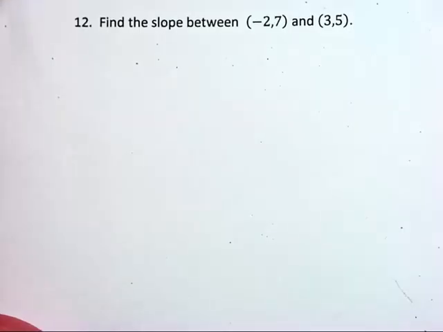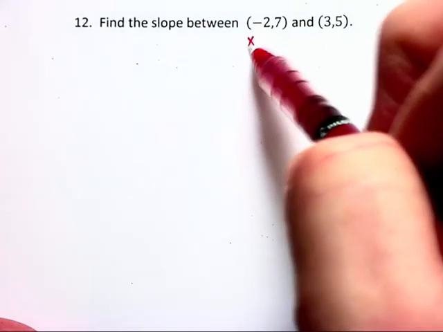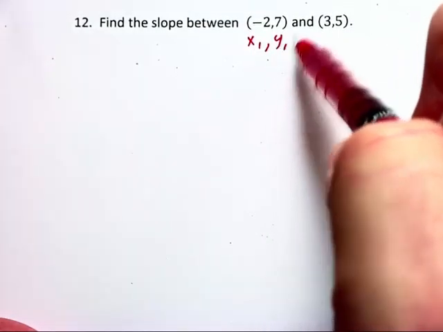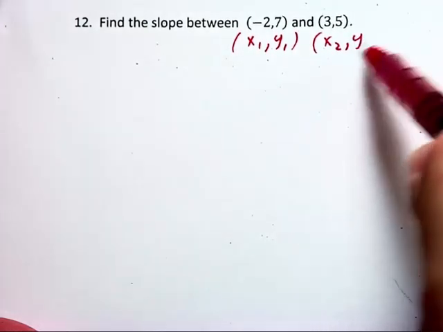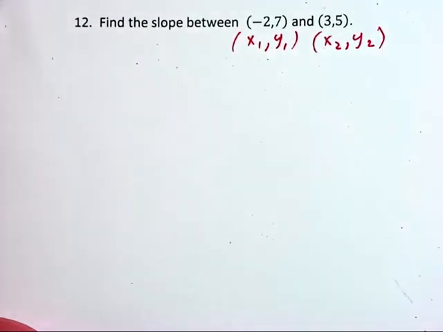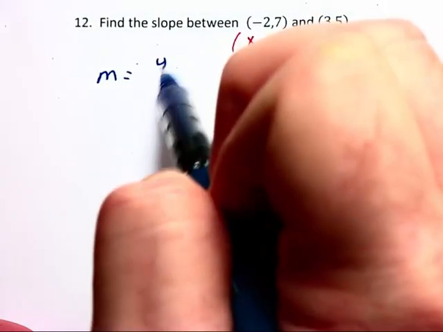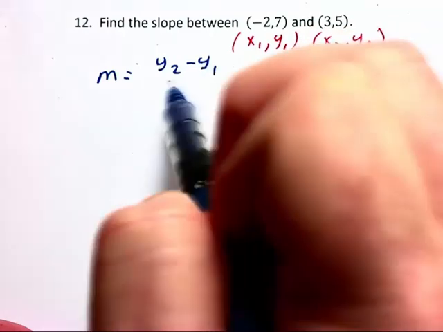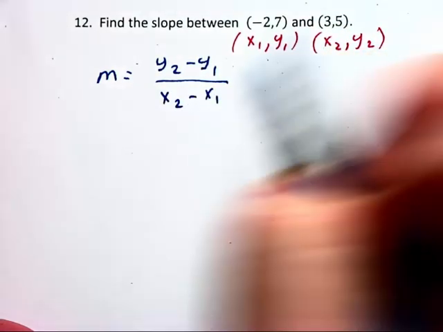Find the slope between these two given points. Well, let's first identify them as x sub 1, y sub 1, and x sub 2, y sub 2. The slope formula, which I hope you have memorized, is m is equal to the difference of the y's, starting with y2, divided by the difference of the x's.